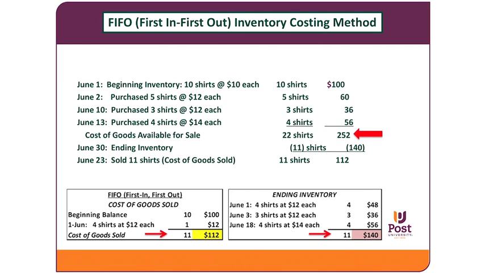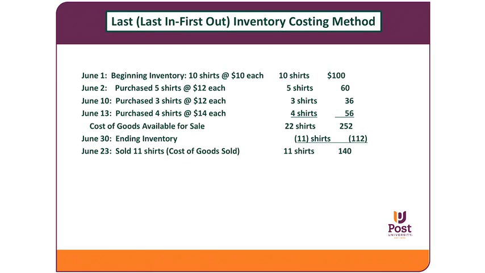The second method is called last in, first out, or more commonly called LIFO. What this means is that the last ones you owned are considered the first ones sold. Once again, based on what we had in our beginning inventory and what we purchased, we have 22 shirts with a total cost of $252 available for sale.